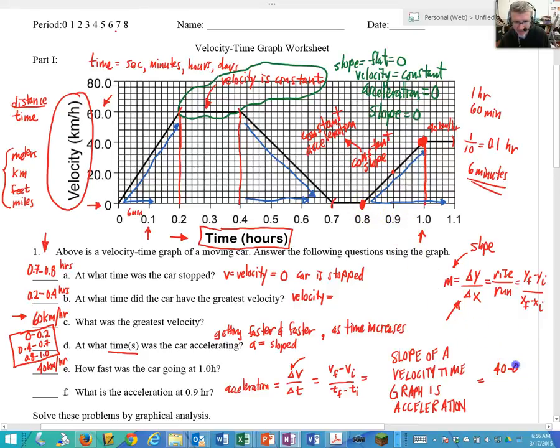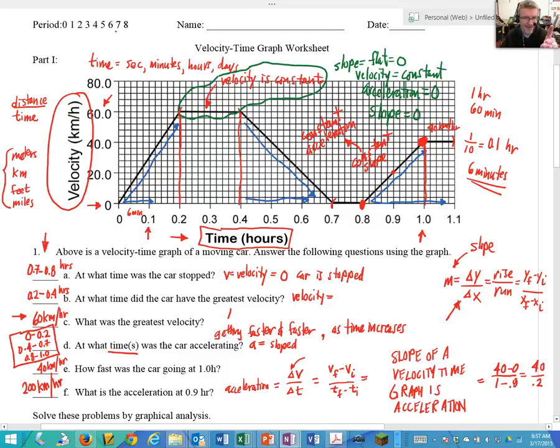So 40 minus 0 all over 1 minus 0.8, which equals 40 divided by 0.2, which equals, I think, 200. So the acceleration was 200. 40 divided by 0.2. Let me get the calculator just to be sure. Don't want to mess up. 40 divided by 0.2. 200. That just seems fast. But yeah, 200 kilometers an hour is fast.